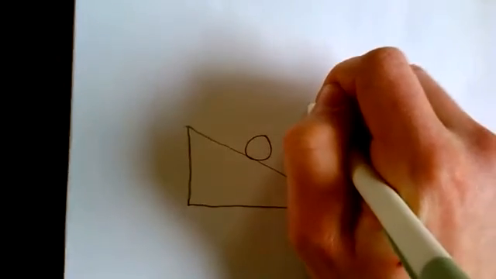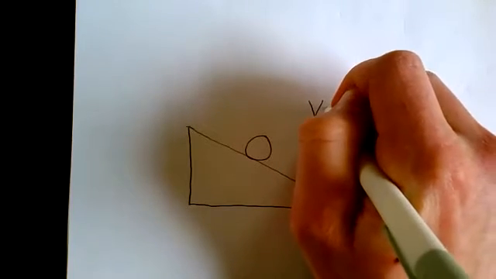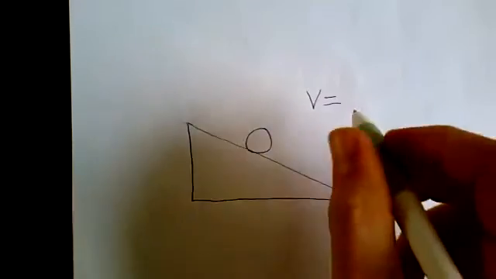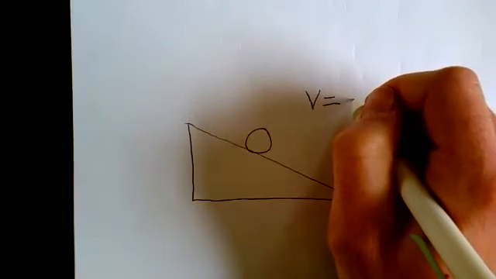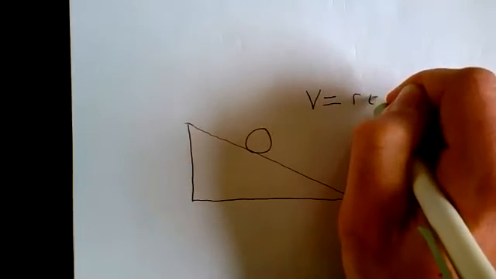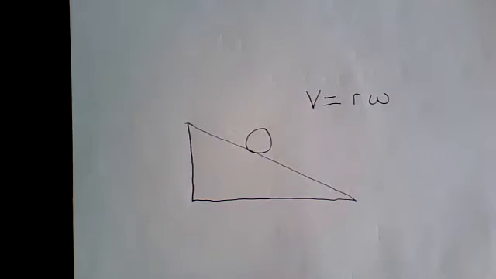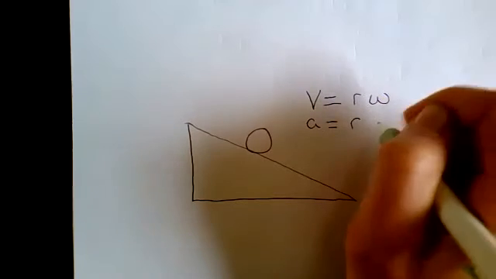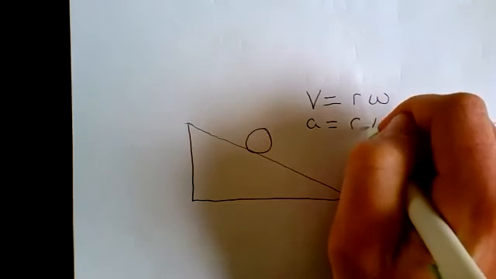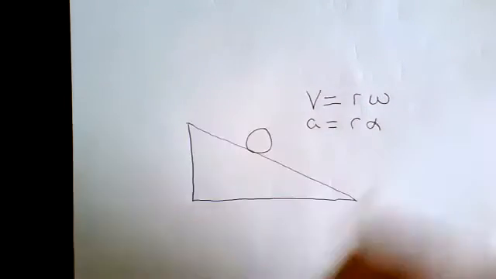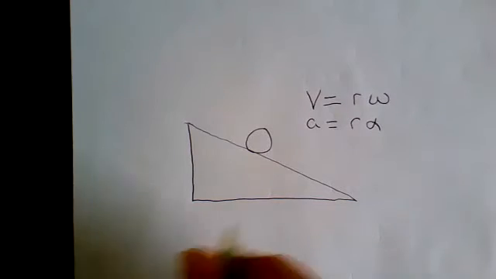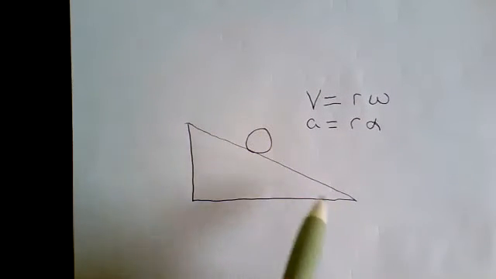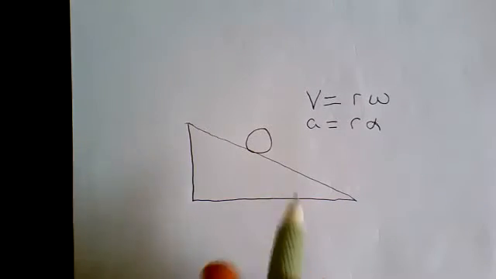The reason being, we can use our other important understandings. The velocity is always going to equal r times our angular velocity. Acceleration is going to equal r times our angular acceleration.